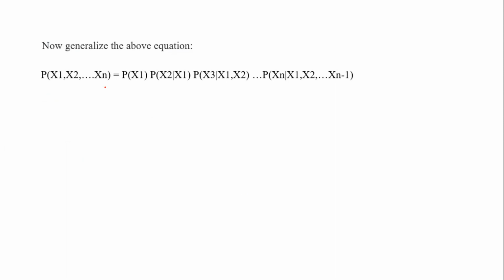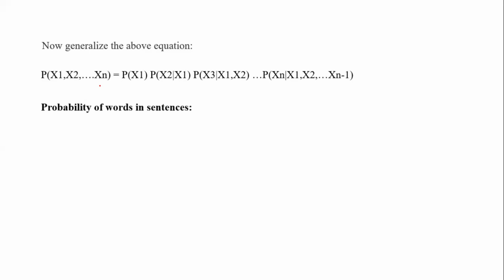You can have any number of words, and this can be written as probability of x1 into probability of x2 given x1, probability of x3 given x1, x2 and so on, probability of xn given x1, x2 and so on, xn minus 1. This is used when we have a larger number of variables, say n variables.